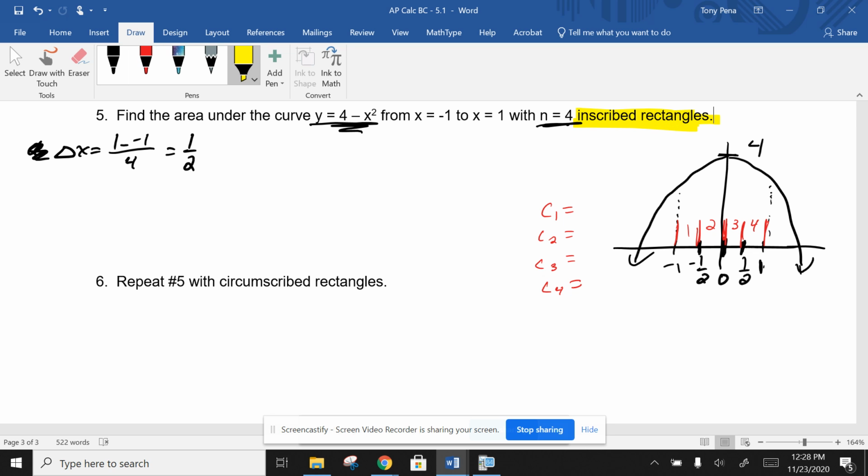So try to draw those in, and when you draw those in, then identify the 4 x coordinates, the c values, where we're touching the curve. And your main priority is making sure that they are always inscribed. So every rectangle must stay within the curve.